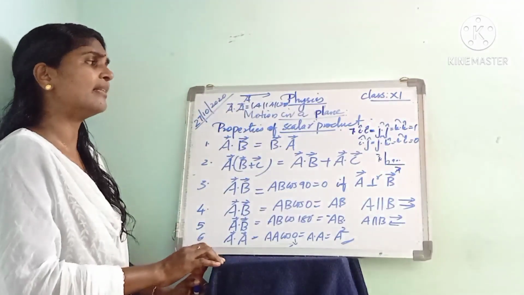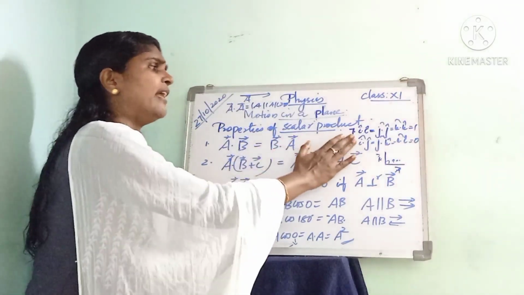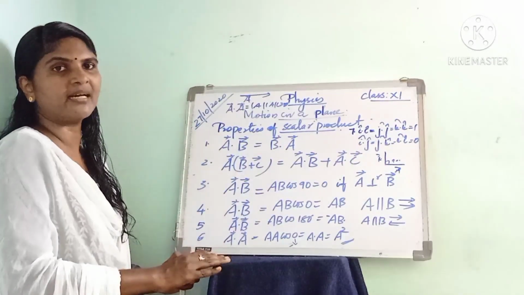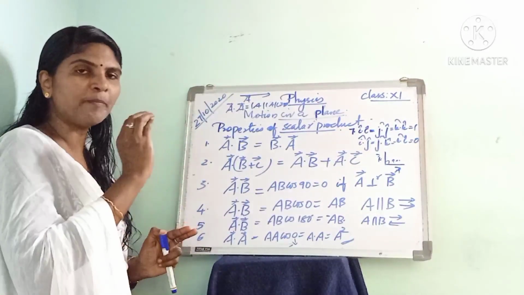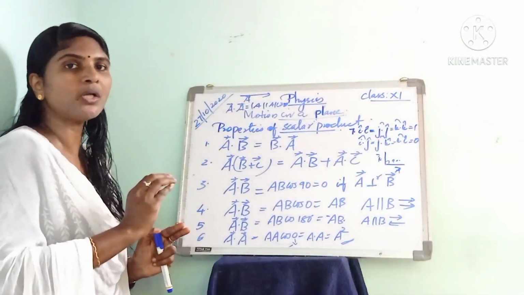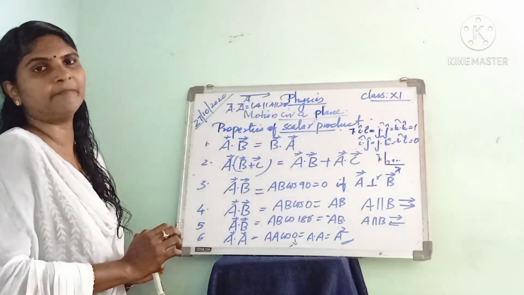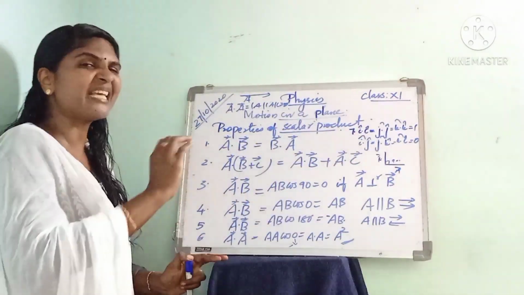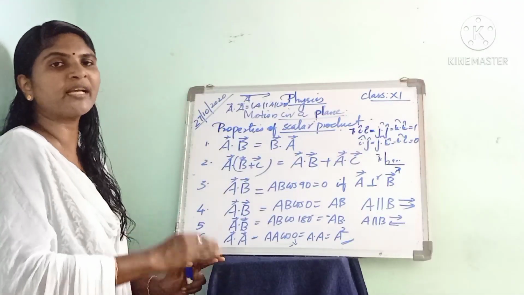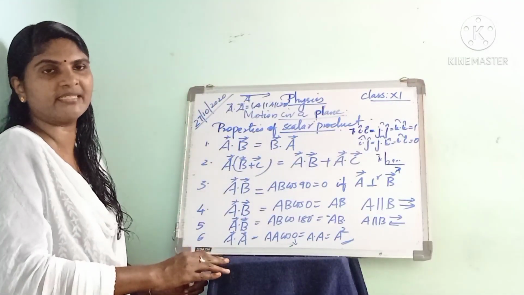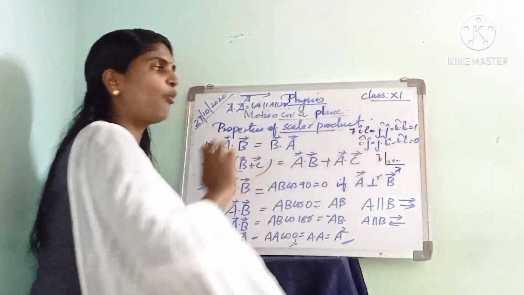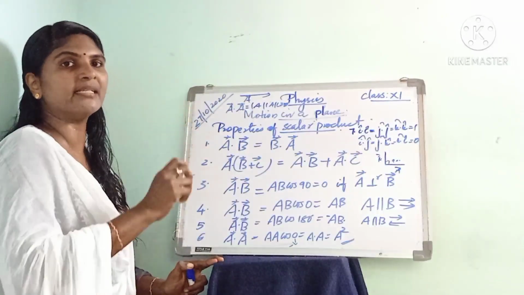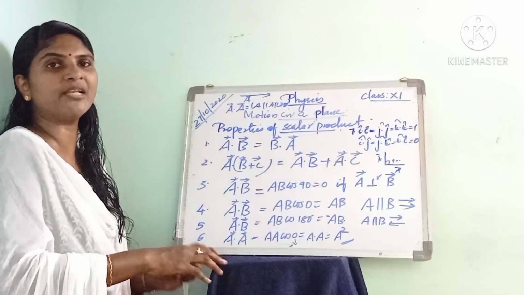Okay, and the next property, while we are taking the unit vectors or the base vectors, how can we take the dot product of base vectors or unit vectors? The dot product of similar base vectors or similar unit vectors is equal to 1.